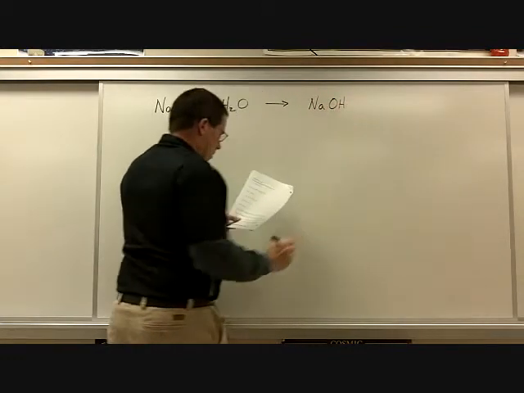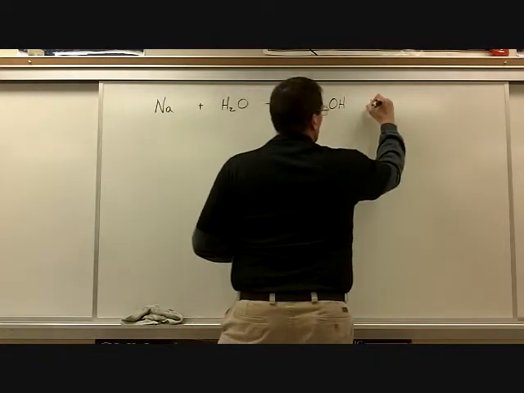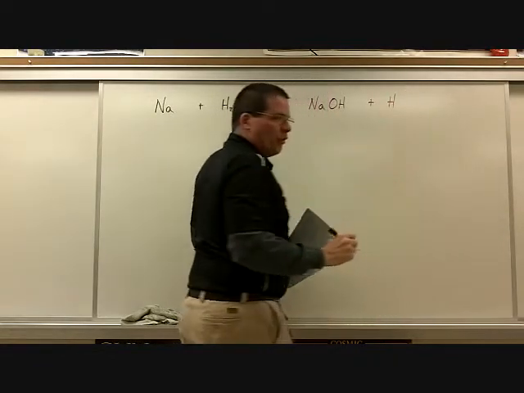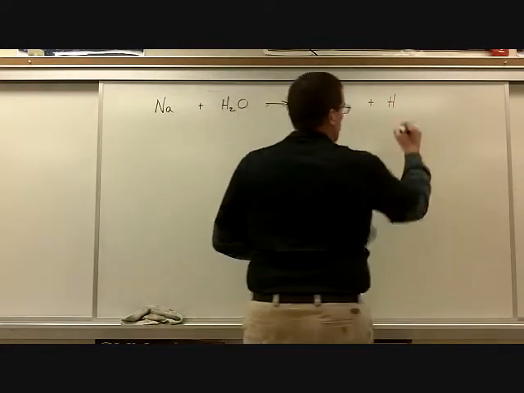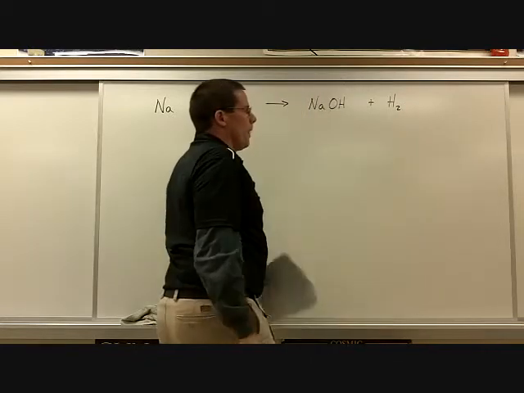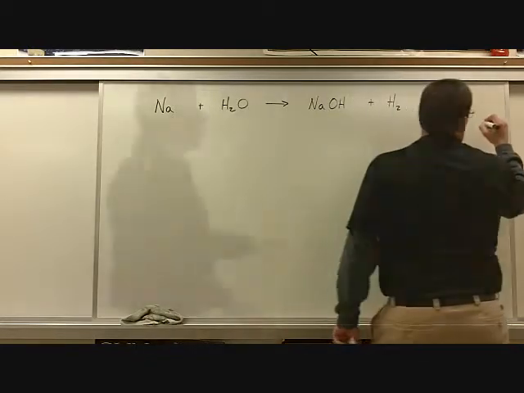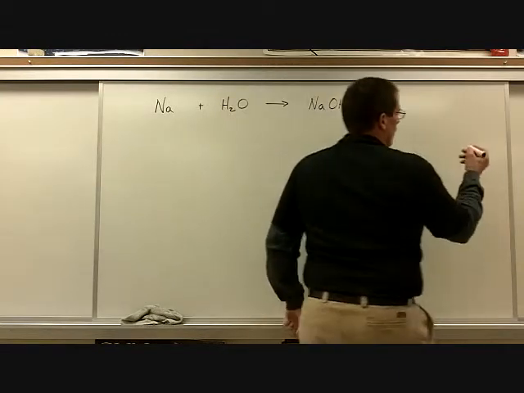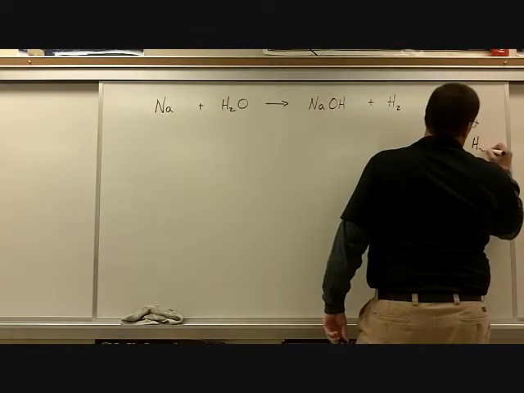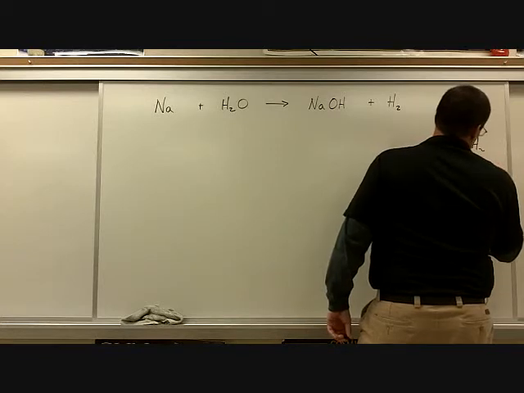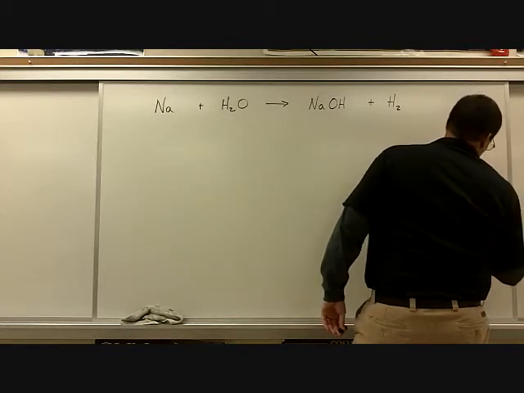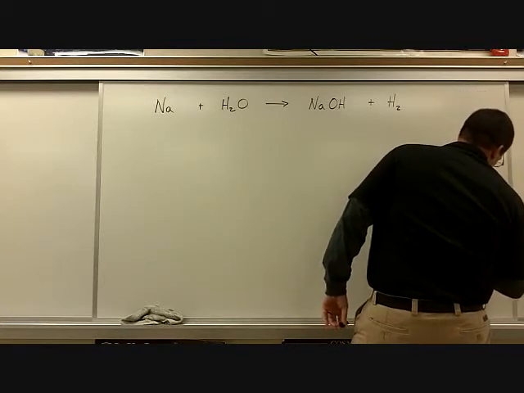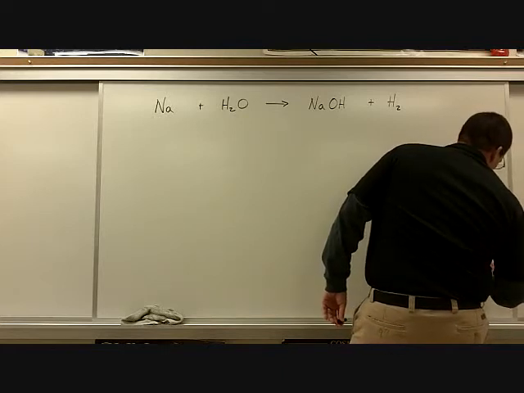OH. And hydrogen gas. And again, remember, since it ends in gen, then it should be diatomic. So again, this is diatomic because it ends in gen, and the other ones are hydrogen, nitrogen, oxygen, fluorine, chlorine, bromine, and good old iodine.